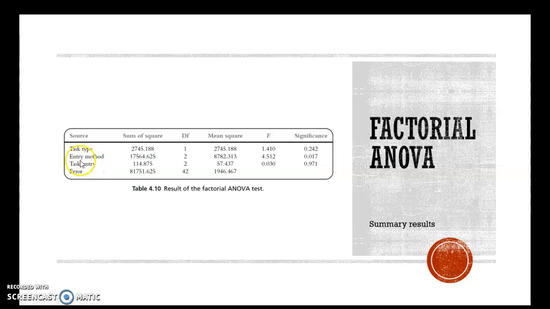But as far as the way people enter, either standard, production, or voice-based, speech-based, that is a significant difference. So when we look at these p-values, when the p-value is less than 0.05, then we say there is a significant difference.